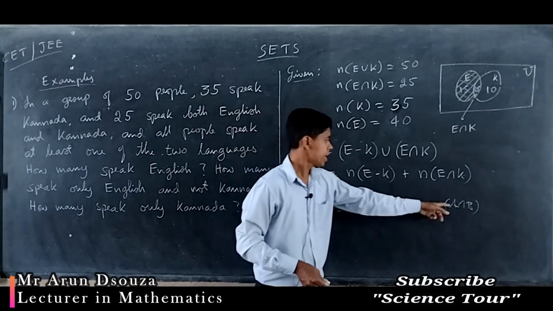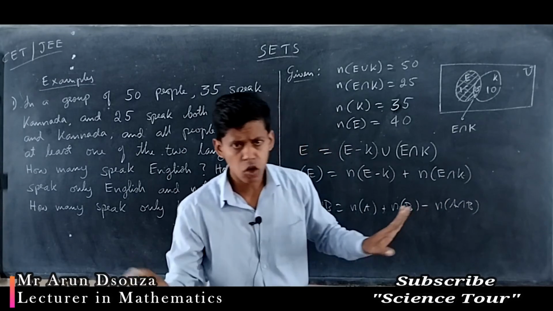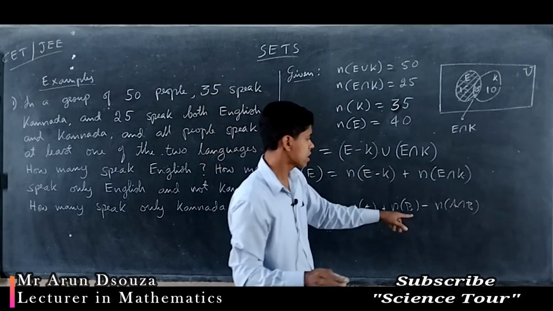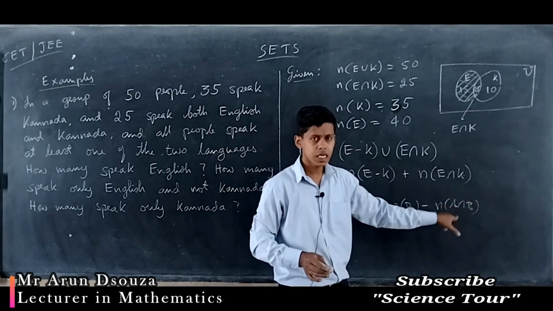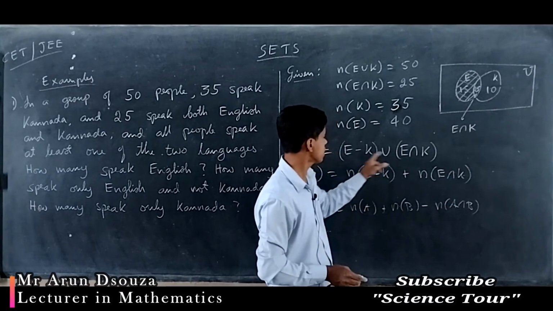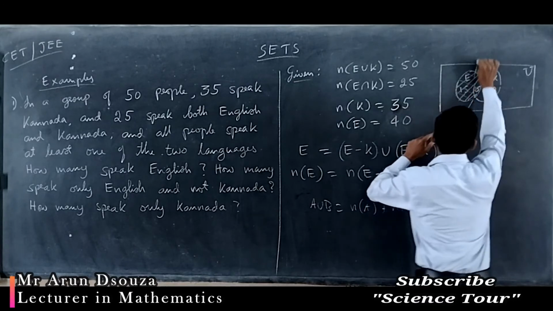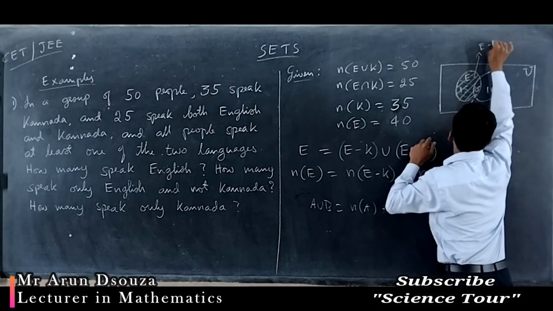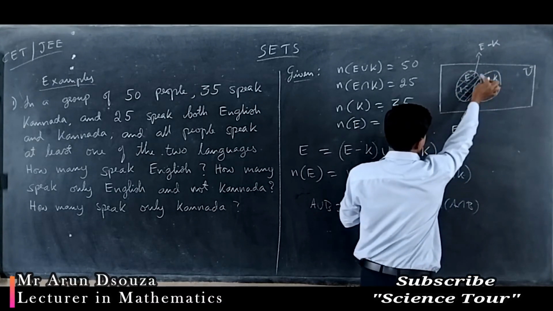Because if A and B are disjoint, there is nothing common between them. If there is nothing common between them, what is the number of elements in the intersection? 0, correct? Now I am saying these two sets are disjoint. Why?